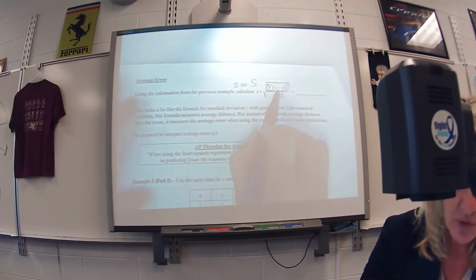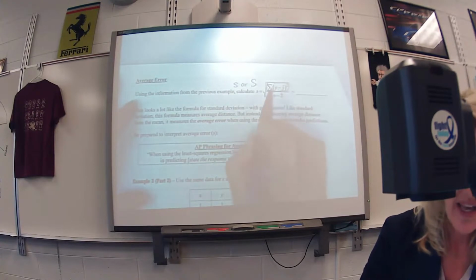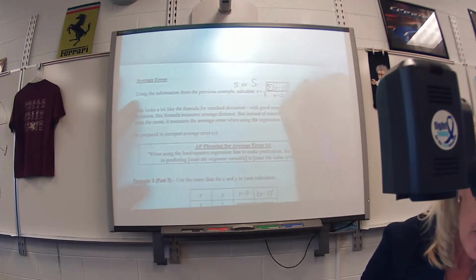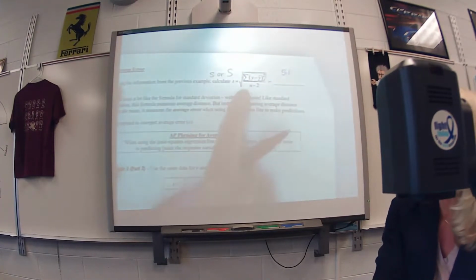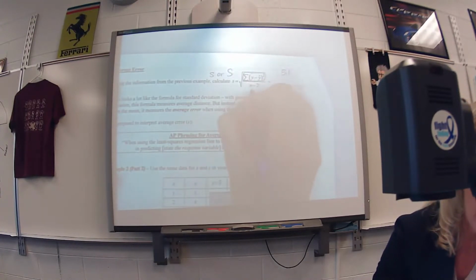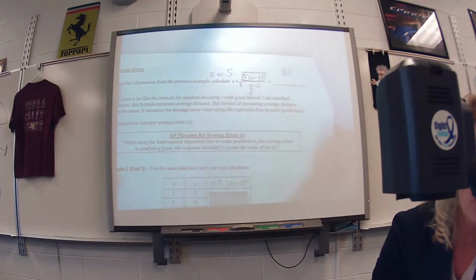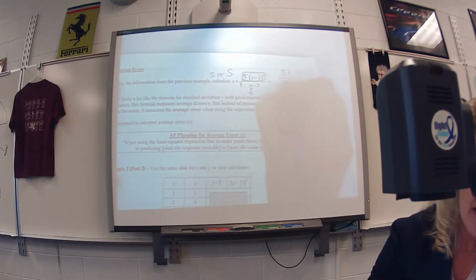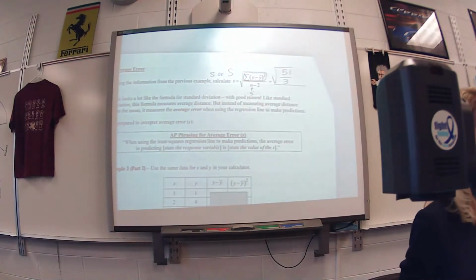We took the residuals, we squared them, we added up. We got 5.1. If you divide by the n size minus 2, and remember our n size was 5 because there were 5 ordered pairs, so we're going to divide by 3, and we're going to take the square root of that whole answer. And if you feel like you're doing standard deviation, you kind of sort of are.